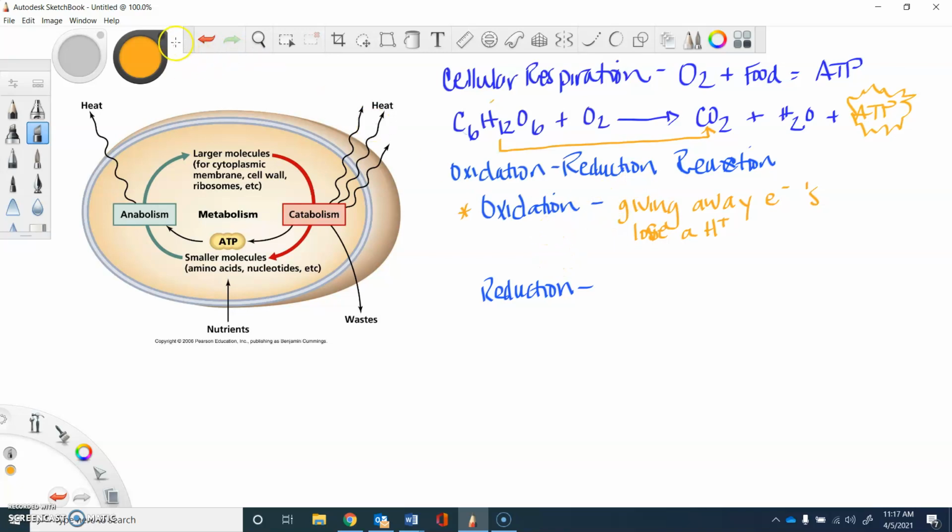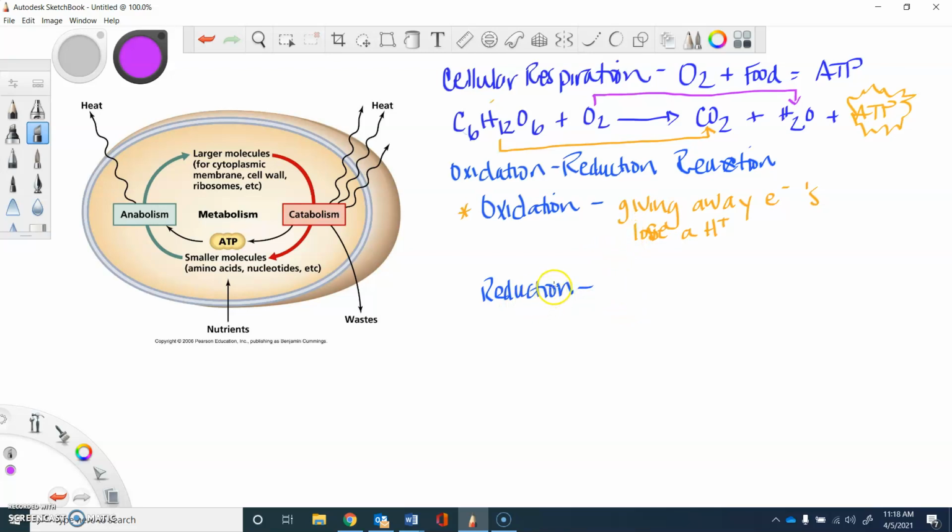The reduction side of it is the oxygen. In an oxidation reduction reaction where we have a molecule getting rid of an electron, we have to have another molecule to take it. Okay, so the oxygen is being reduced to water, which means it is taking on an electron.